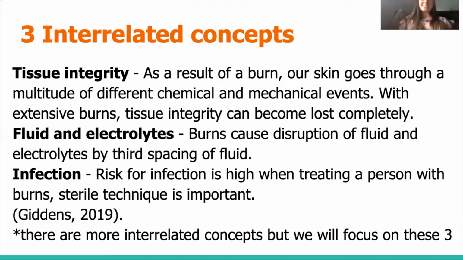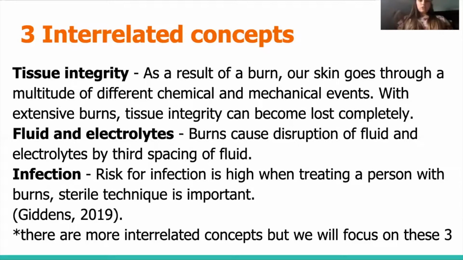Okay, so the three interrelated concepts that we chose were tissue integrity, fluid and electrolytes, and infection. Tissue integrity is probably the main one that applies to burns. As a result of a burn, our skin goes through a multitude of different chemical and mechanical events. With extensive burns, tissue integrity can become completely lost.